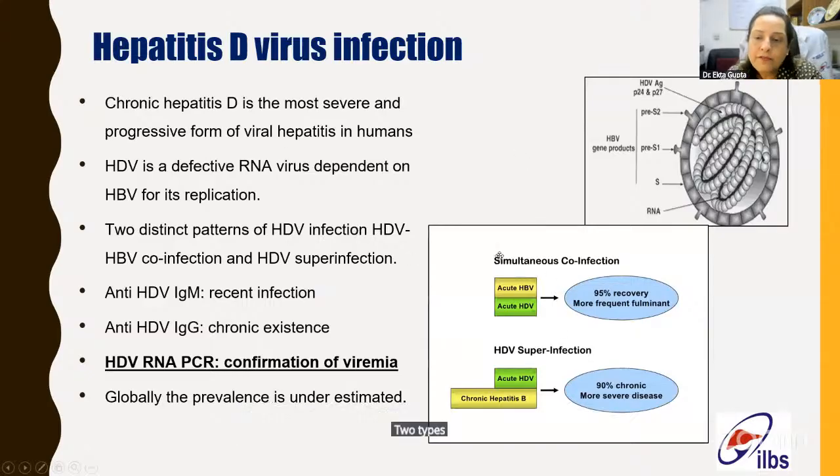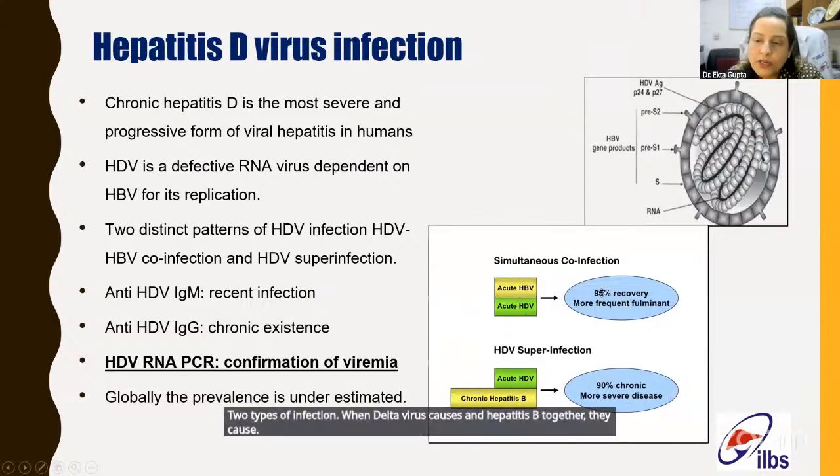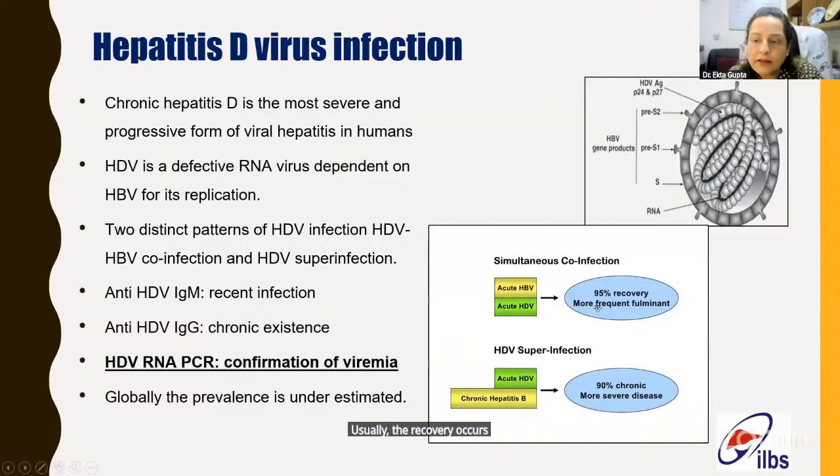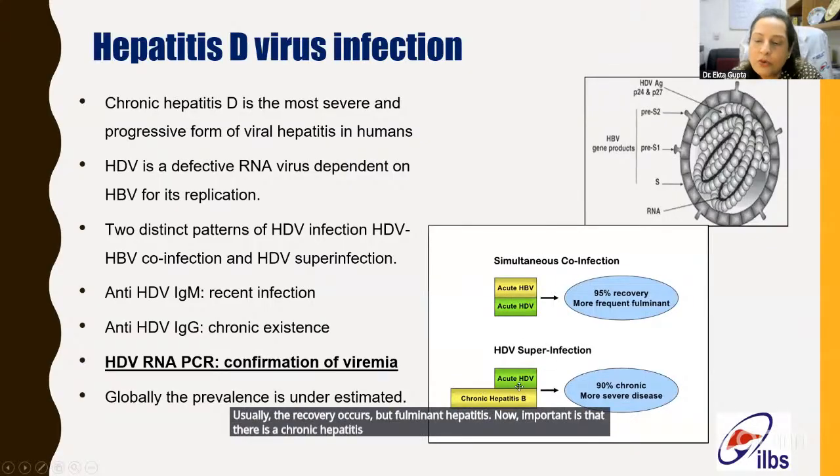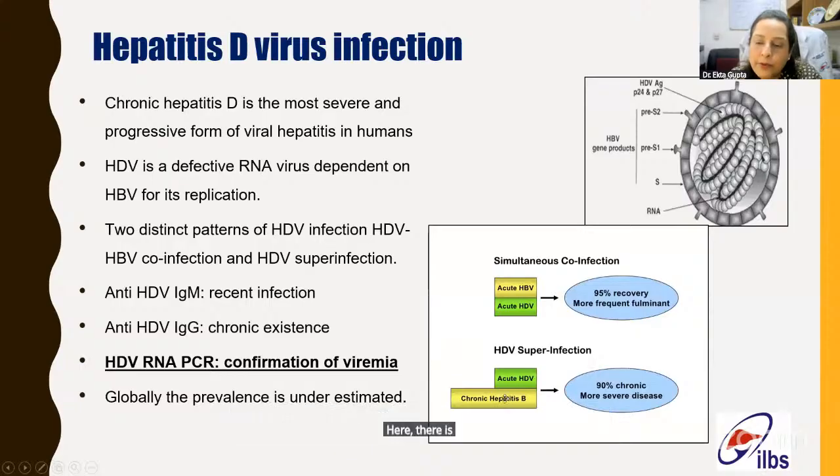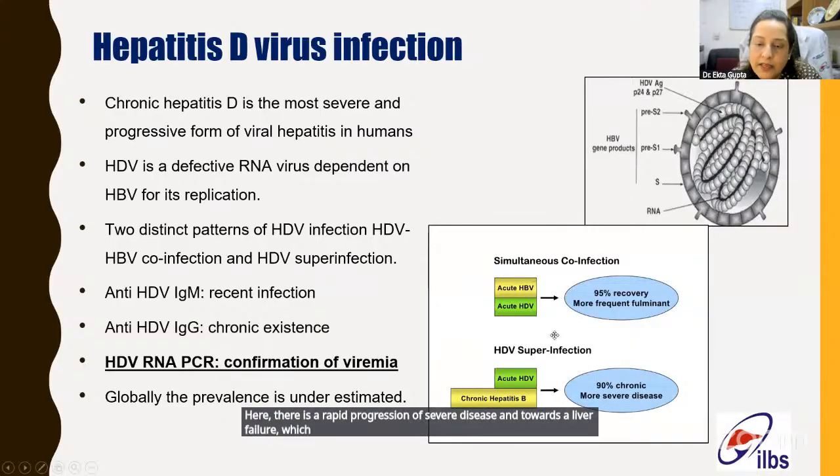Two types of infection occur when delta virus and hepatitis B together cause disease. Usually recovery occurs, but fulminant hepatitis can occur. Now, important is chronic hepatitis B on which an acute superinfection occurs. Here, there is a rapid progression of severe disease towards liver failure, which will be seen in this case.